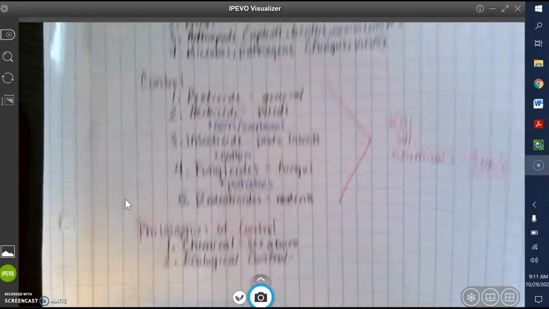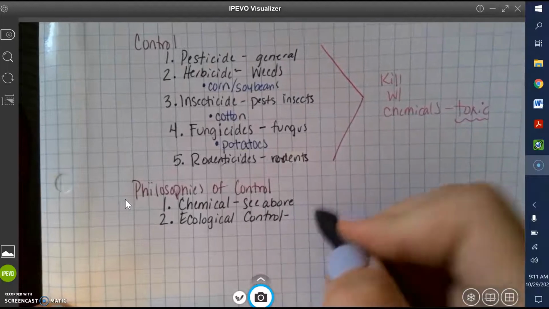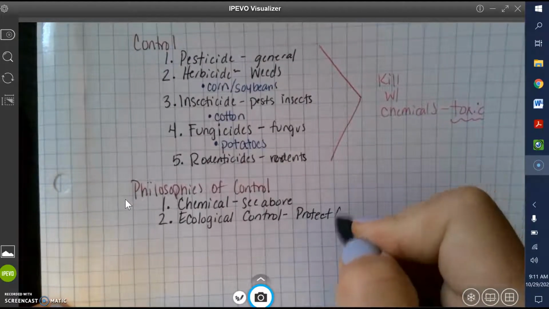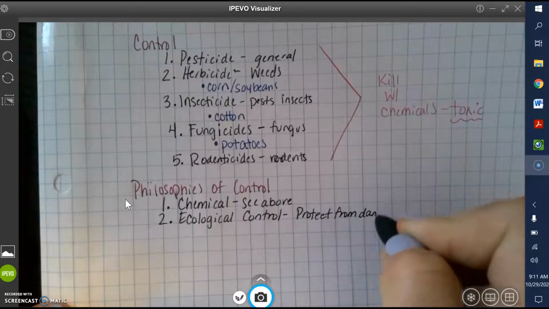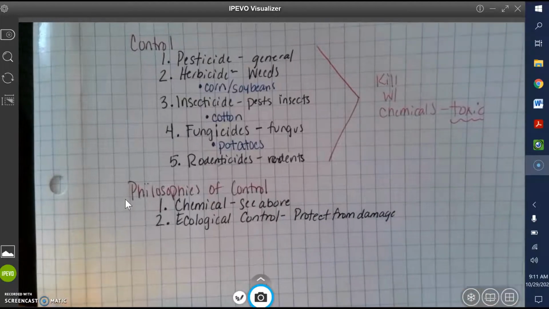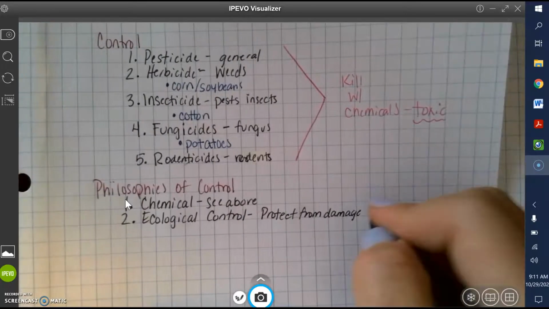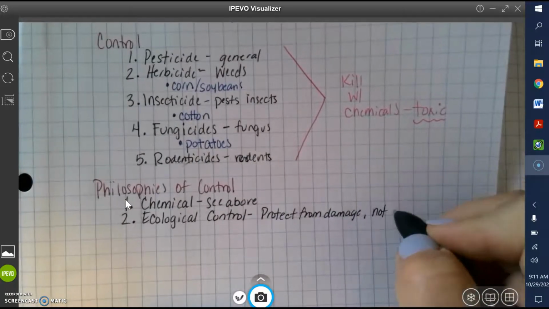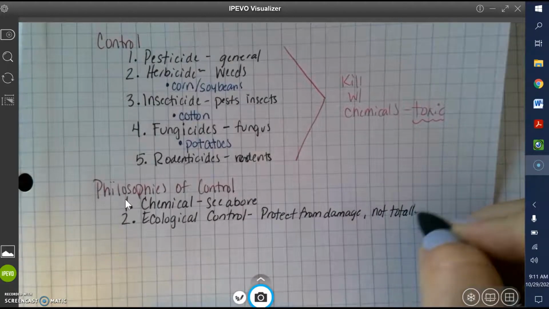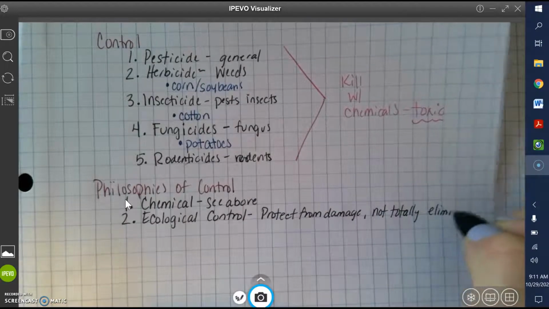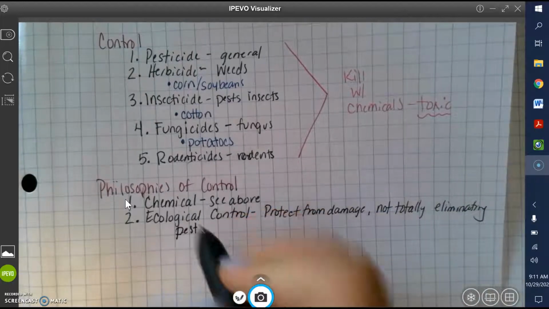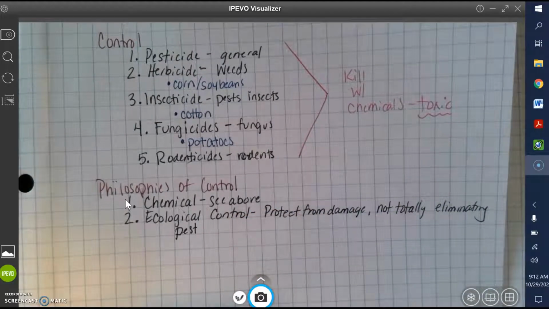When we talk about ecological control, typically we want to protect our plants from damage, but we're not eliminating the pest completely. We don't have total elimination, in other words.